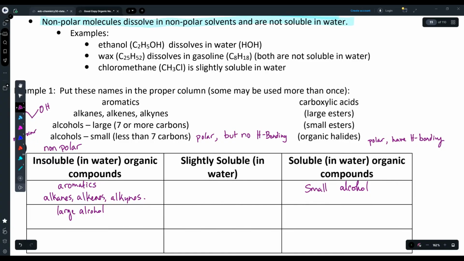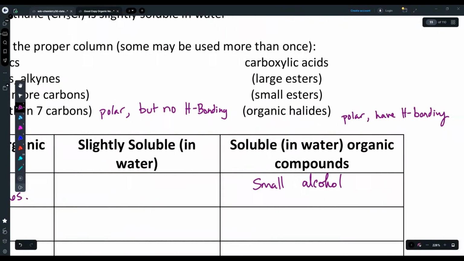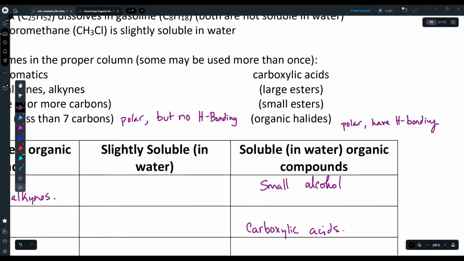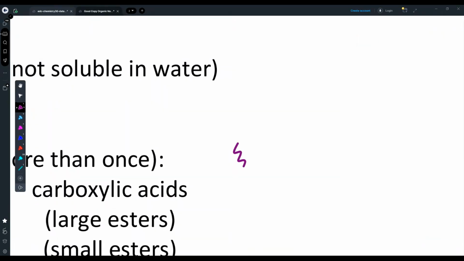Okay. For carboxylic acids, those are going to be very soluble in water because they're polar and they can do hydrogen bonding. With large esters, remember the functional group for esters looks like this.